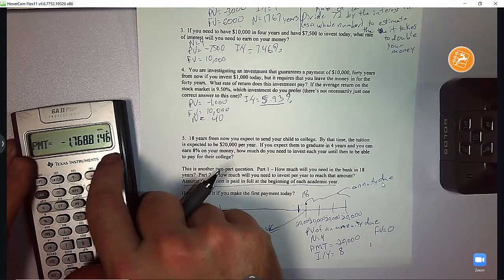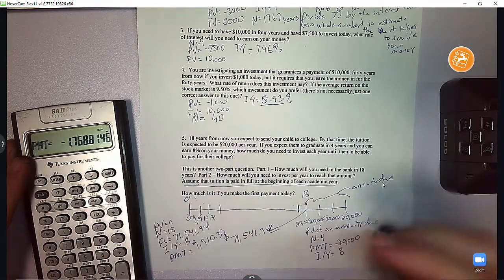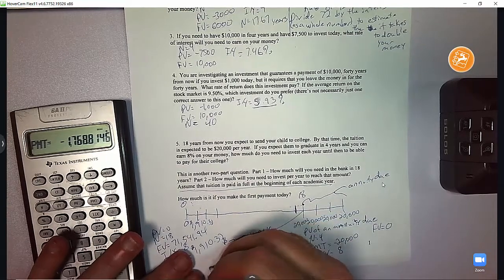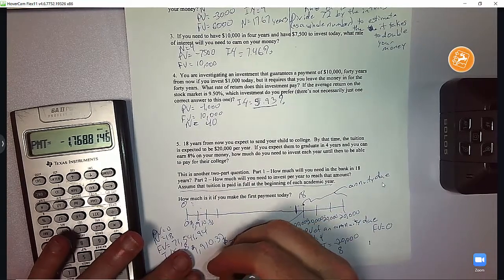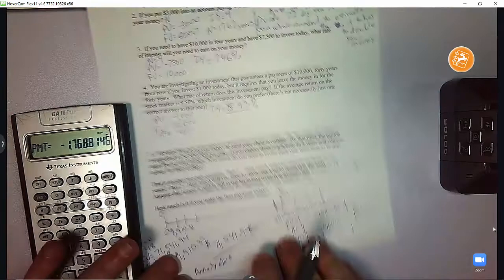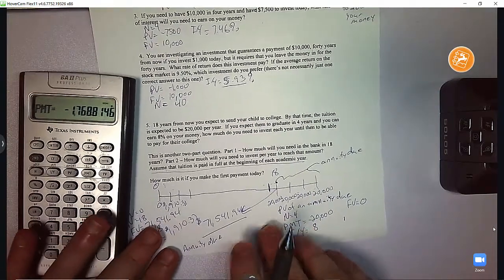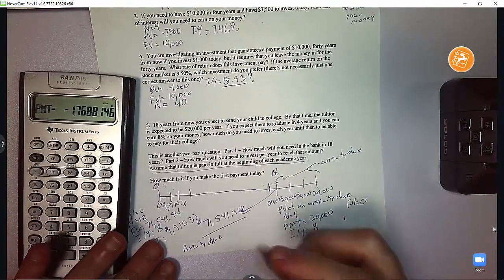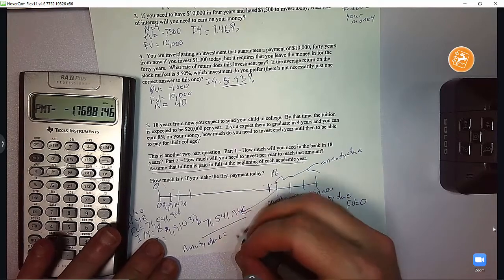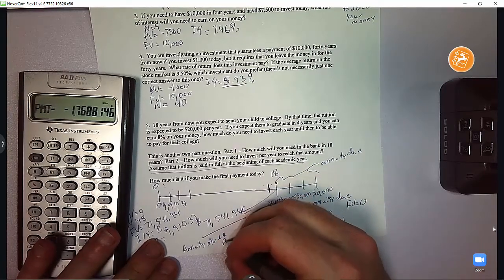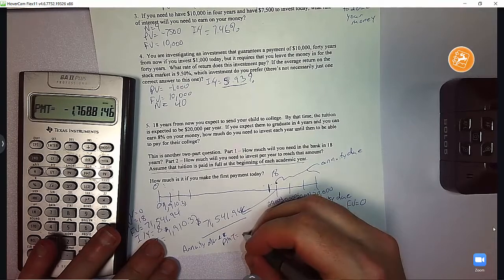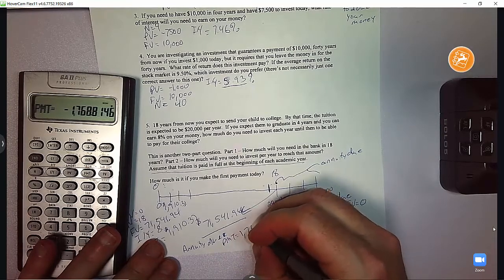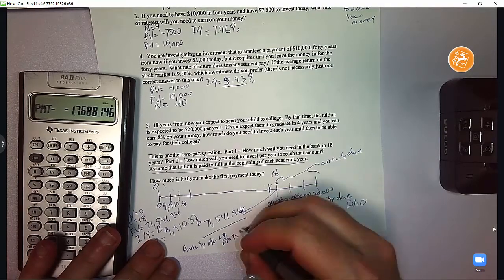And it's $1,768.81. So I'm going to put annuity due is equal to the payment, $1,768.81.